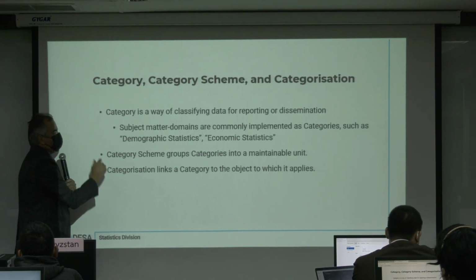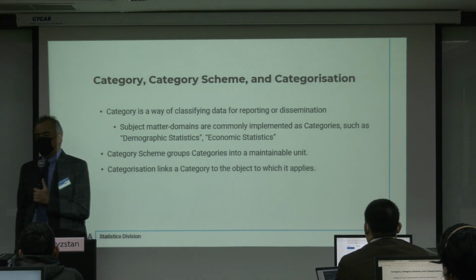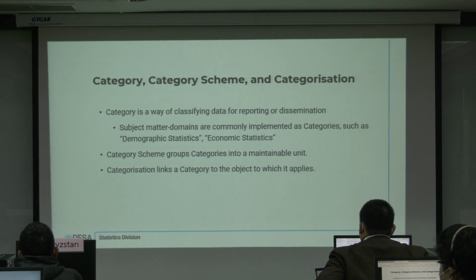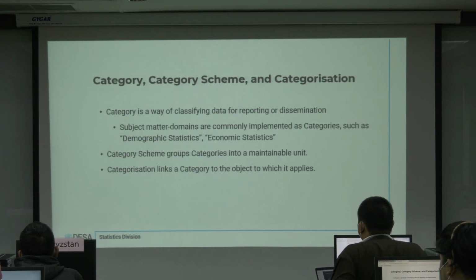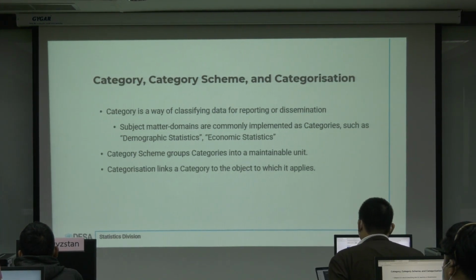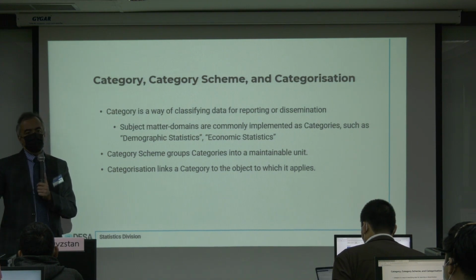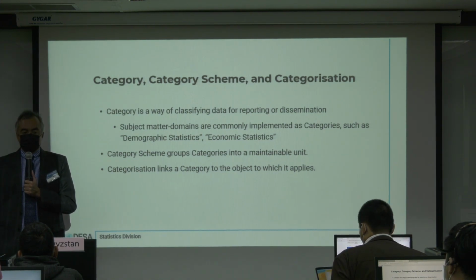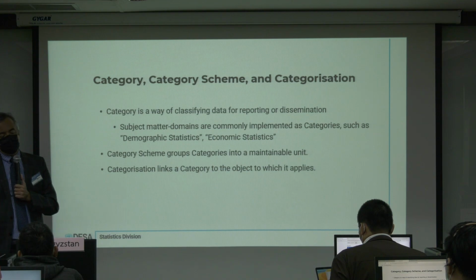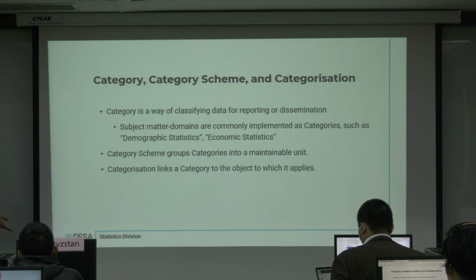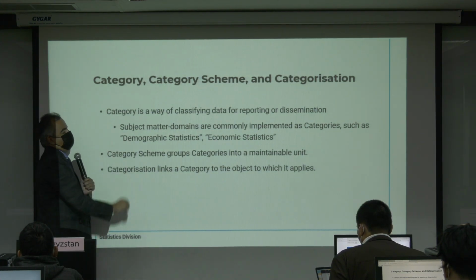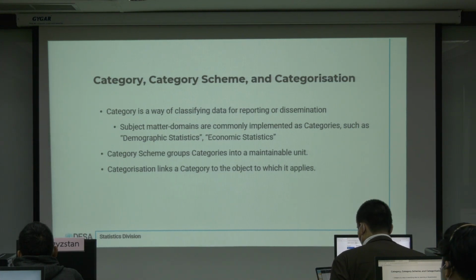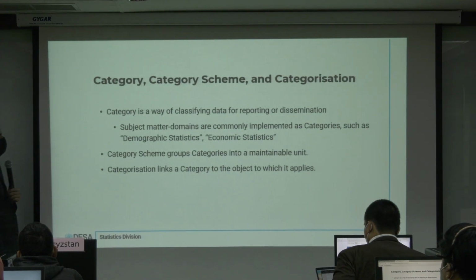So you can create a category scheme, for example, economic statistics, demographic statistics, social statistics, and then you classify your data flows, typically, although it can be something else, by that purpose. Or you can create categories like SDG goal 1, SDG goal 2, SDG goal 3, and so on. You have the complete freedom.